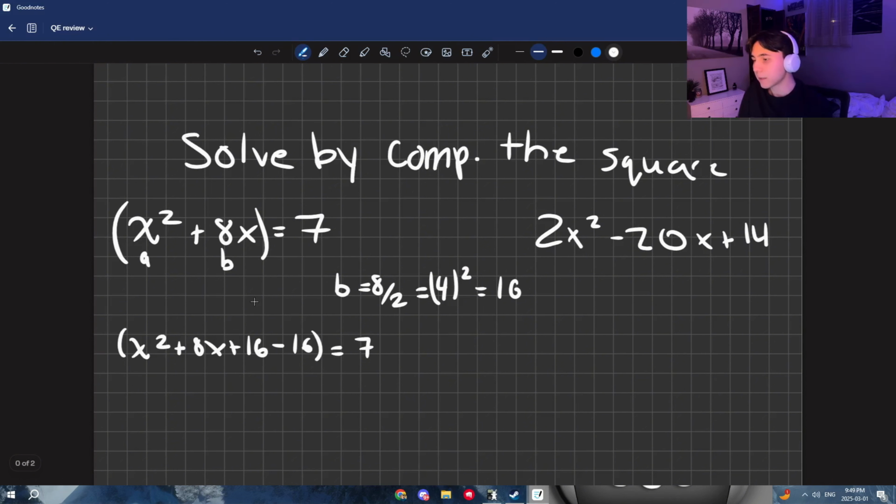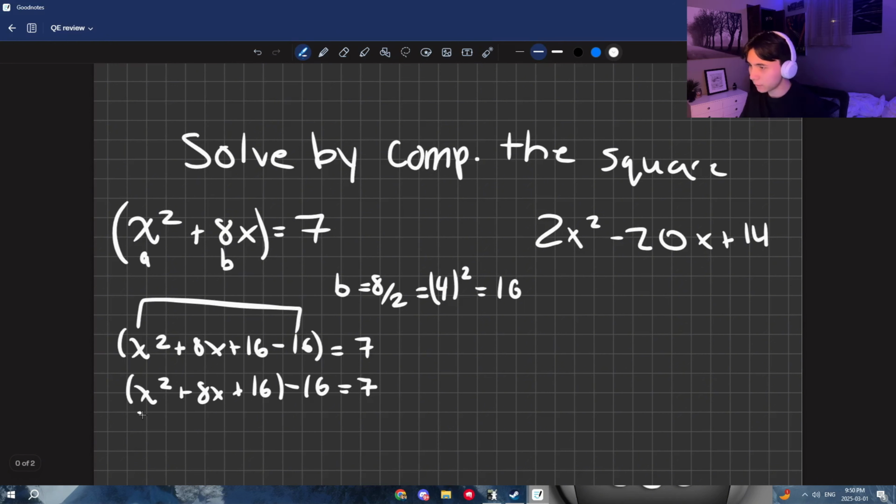So we want to factorize this, but in order to do that, we have to actually remove this -16 by multiplying by what's in front of our x squared term. So -16 times 1 gives us x squared plus 8x plus 16, and then we have our -16 on the outside.